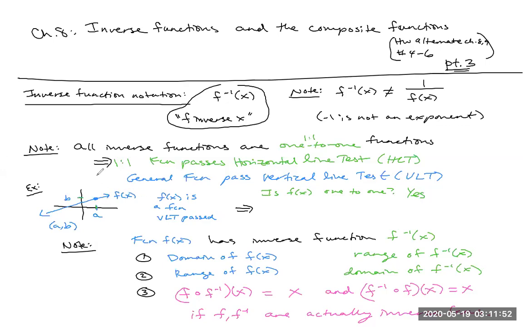So yes, the key here is just to use the horizontal line test. Pass a horizontal line across this entire function. And if you never have an overlap, or your line doesn't meet the function twice, then you do have a 1-to-1 function. Okay, what that means is the horizontal line test is passed, and that function f of x has an inverse function.